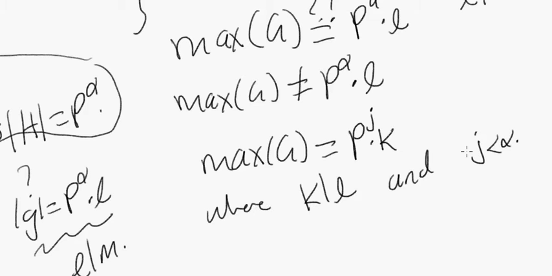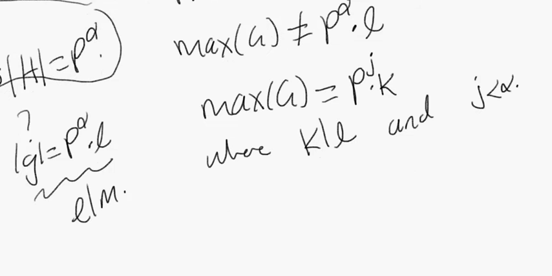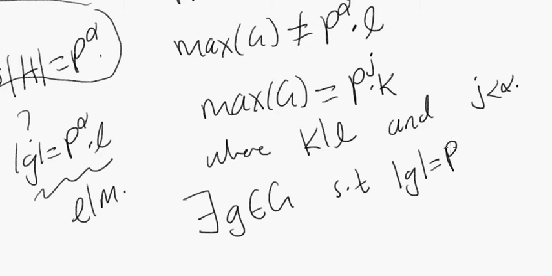So what? Suppose the maximum of G is p to the j times k. Well, aren't we saying then that there exists some little g in G such that the order of little g equals p to the j times k? Okay. So what?